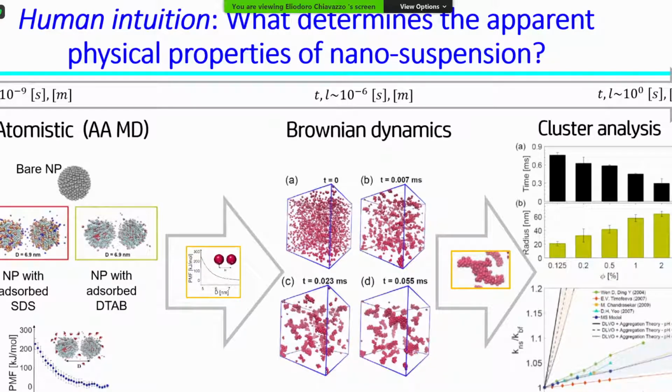So again, this is based on intuition, what kind of good variables should be passed from one scale to the other, and what you need again is a very good PhD student.